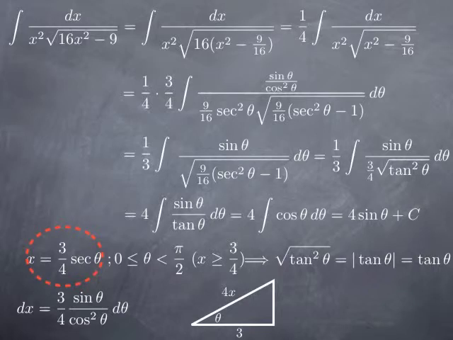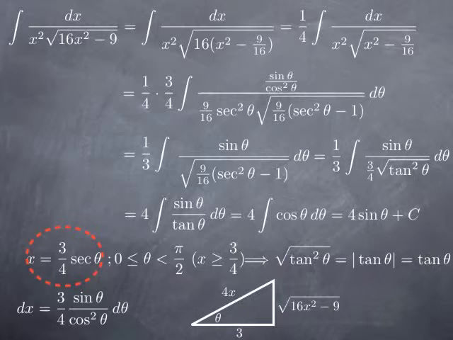So we can represent this situation in a triangle where the adjacent side has length 3, the hypotenuse has length 4x, and using the Pythagorean theorem, the missing side of the triangle has length root of 16x squared minus 9, which is of course the root that appears in our integral.